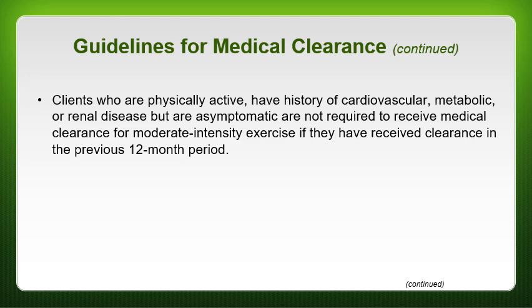the previous 12-month period. So what we're basically looking at here, and this was some of what we looked at on the previous slide, is that we have these different tiers, or basic guidelines. On the previous slide we looked at their level of activity: are they active or are they inactive? Now we're looking at not only whether they are active, but whether they have a history of disease.